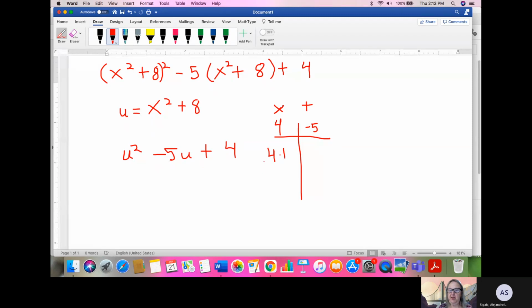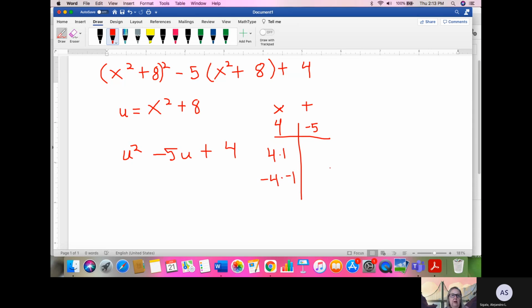But if we change the signs, we get -4 times -1, which when we add them together gives us -5. These multiply to give us positive, since 2 negatives make a positive: 4 times 1 is 4. And they add: -4 plus -1 is -5.